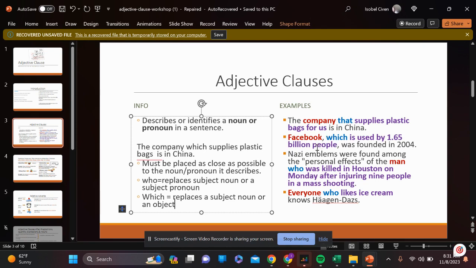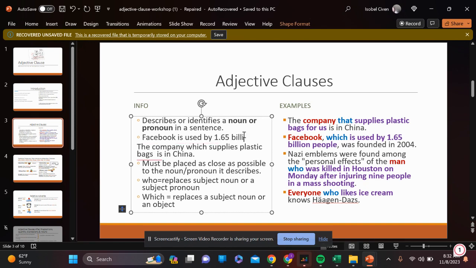So, Facebook, which is used by 1.65 billion people, was founded in 2004. Originally, this is two sentences. You could say Facebook is used by 1.65 billion people.